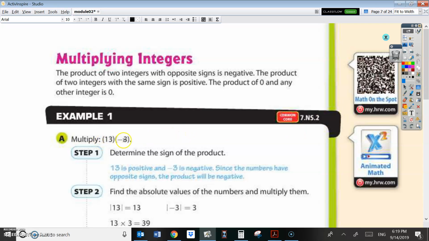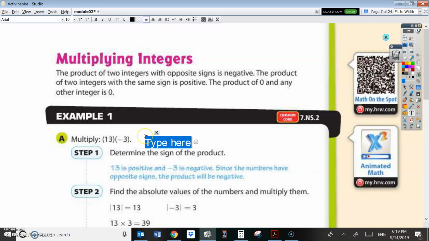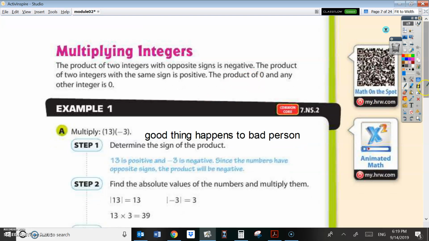Okay, 13 times negative 3. The product of integers with opposite signs is negative. So this is good thing happens to bad person. And so we know that that's going to be a bad thing.